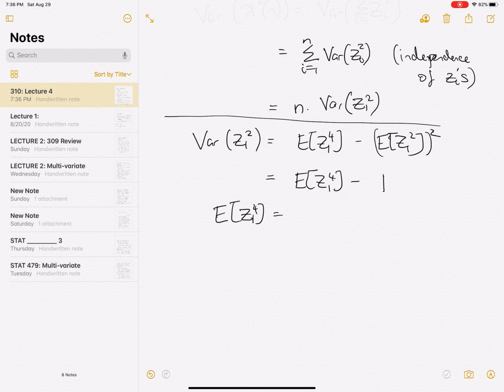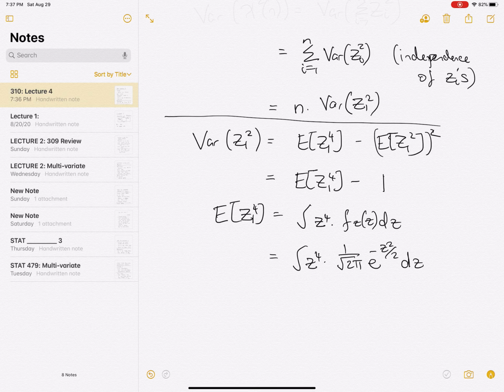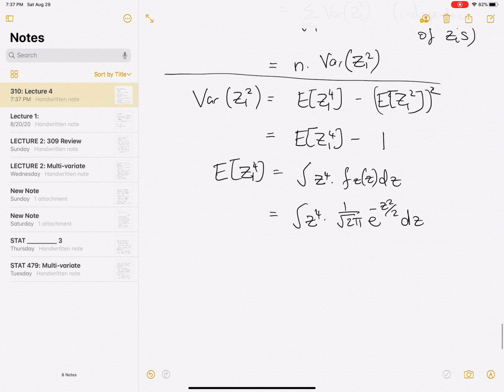There's a number of different ways you can do it. I'm not going to spend too much time on this calculation. I encourage you to go through that yourself. This is not something we'll have to do too much in this course.